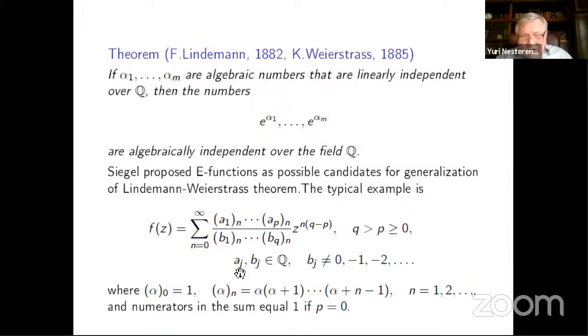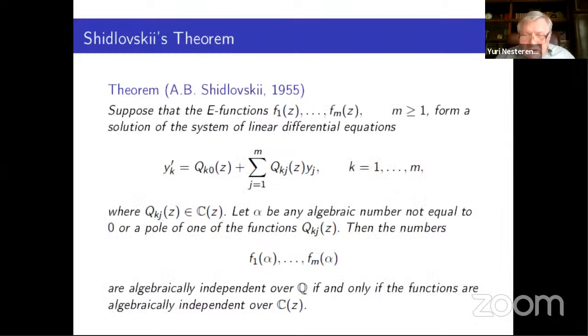If A is equal to 0 or -1 and so on, this function is a polynomial with rational coefficients, and it's not a very interesting example. So, hypergeometric functions with rational parameters are mainly E functions.